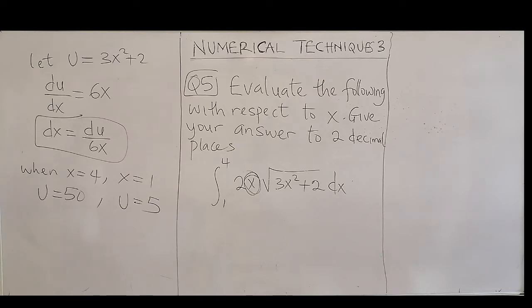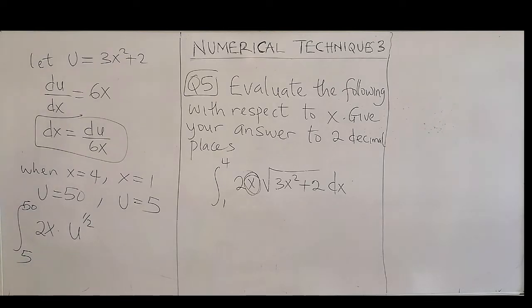Okay, so the next thing to do, let's plug in. We have 50 here, and we have 5 here. Then we have 2x here. Don't worry, this x will cancel out shortly. And then we have u to power half. The radical, if you remove it, is to the power half.